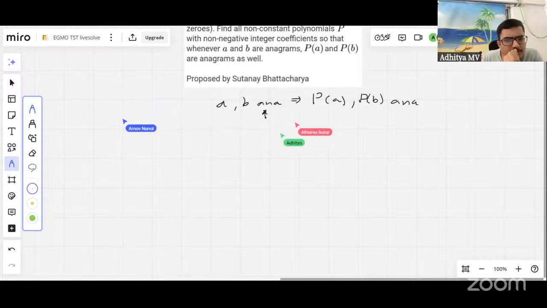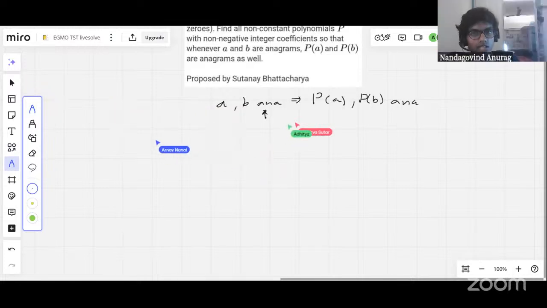Okay, taking the size using the size argument. That size argument is what strikes out to me, because eventually P is going to grow very fast if it's not linear, right?